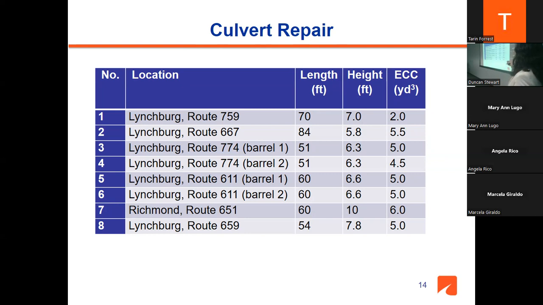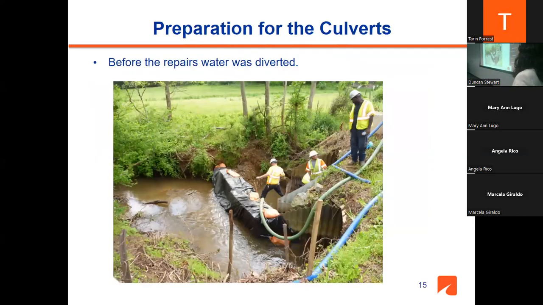You can see the length varied between 51 to 84 feet long, and the height of the culvert was from 5.8 to 10 feet, so it was easy for people to go inside the culvert and spray the concrete. It doesn't take that much preparation before, maybe a day or 2 days before.